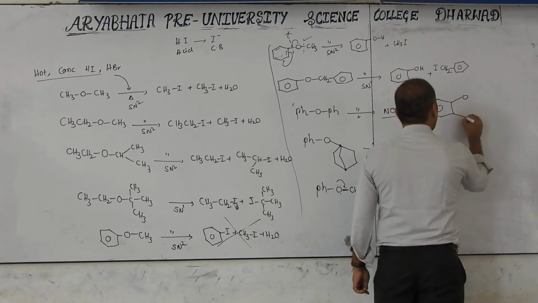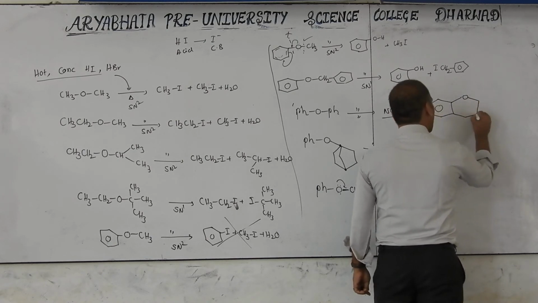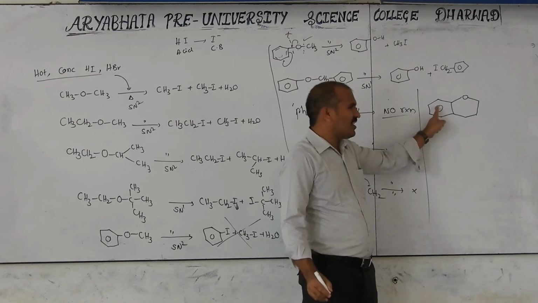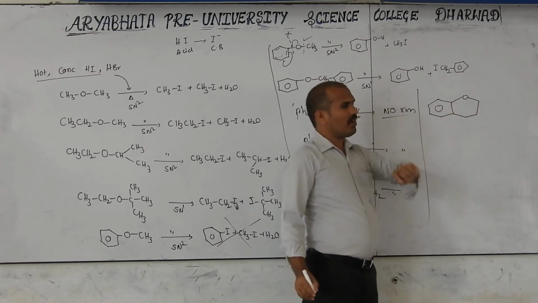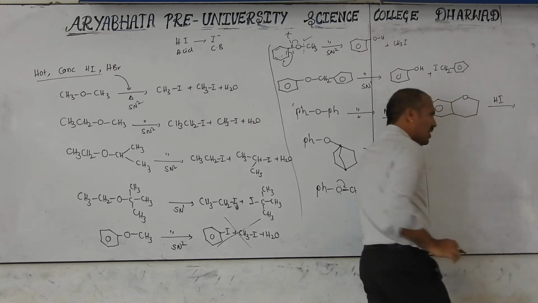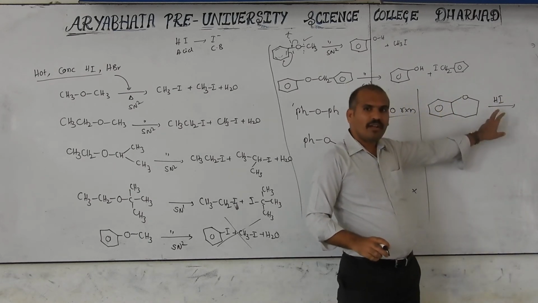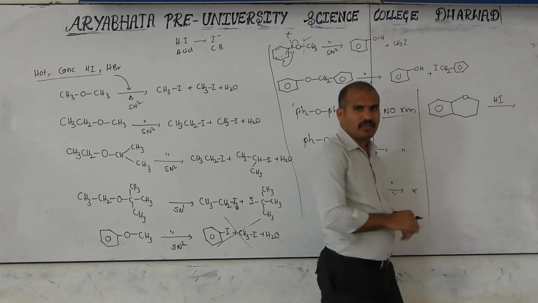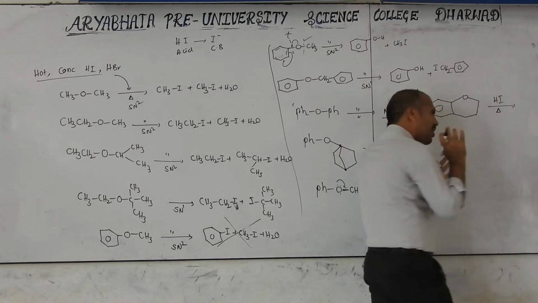Now, here, this is not ether, this is benzene; here is the ether. The condition given here is HI. I am not writing concentrated or dilute; there is no such word here. Then what do we have to consider?